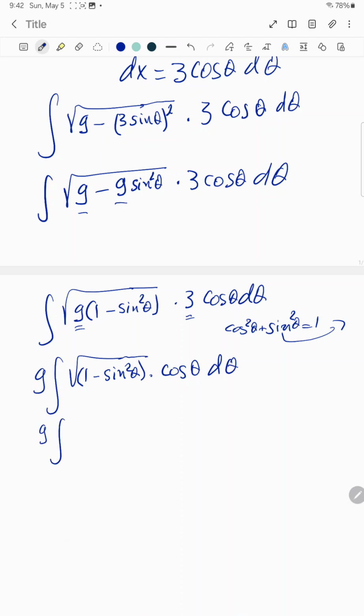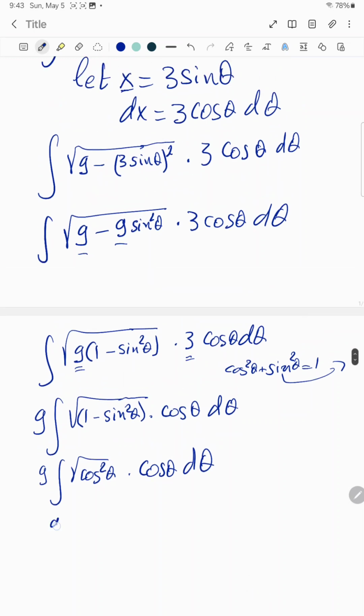So 9 times the integral of square root of cosine square of theta times cosine of theta d theta. And now I can take out the square root and the power of 2. So it becomes 9 times cosine theta times this cosine of theta, so it becomes cosine square theta d theta.